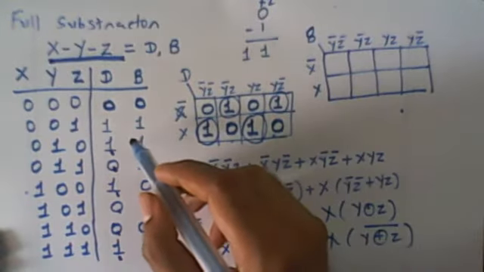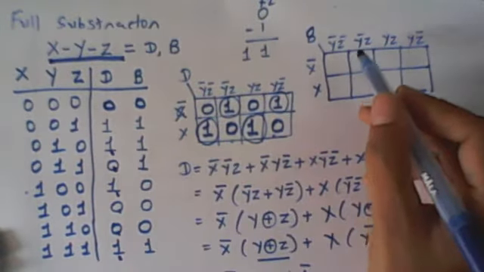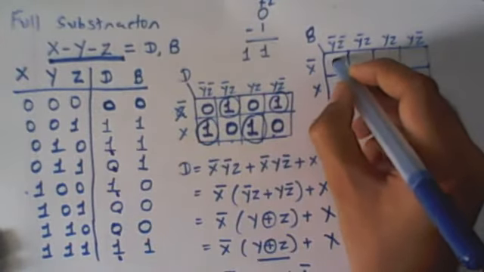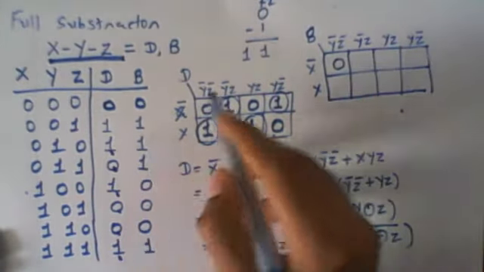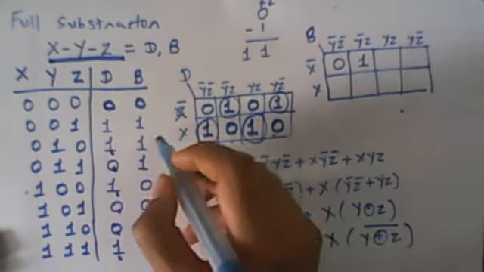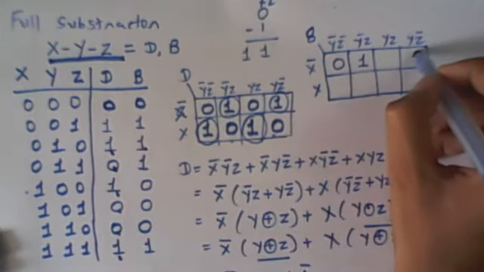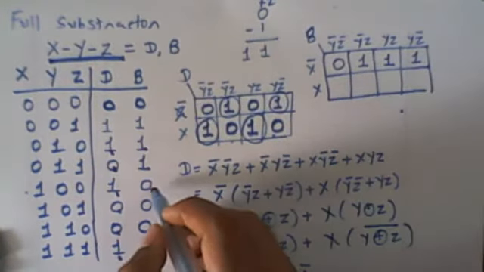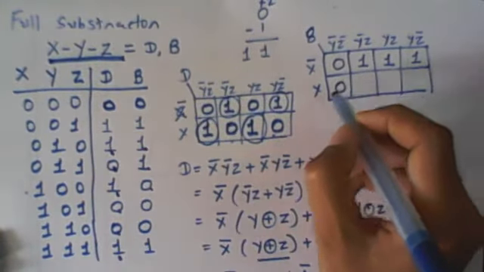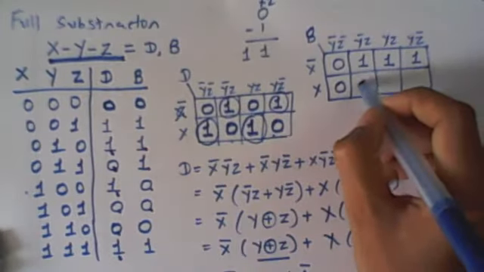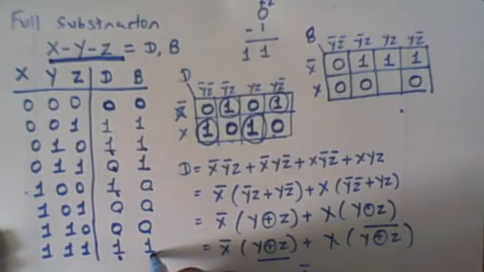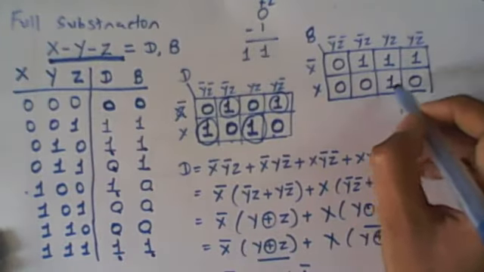So let me map from the truth table to the Karnaugh map. For minterm 0, the borrow bit is 0. For minterm 1, 1. For minterm 2, 1. For minterm 3, 1. For minterm 4, 0. For minterm 5, 0. Minterm 6, 0. And minterm 7, the borrow bit is 1.